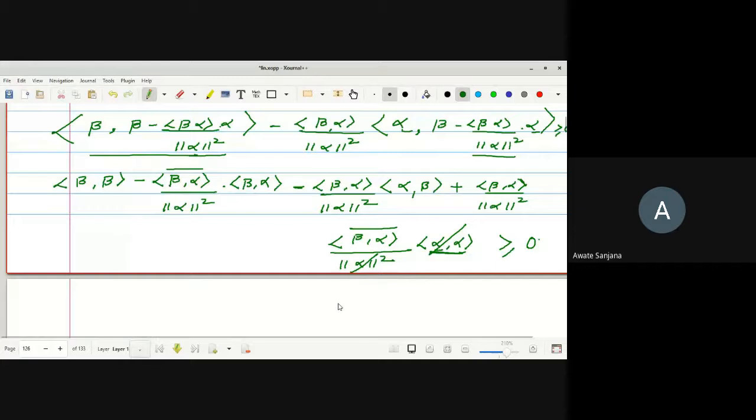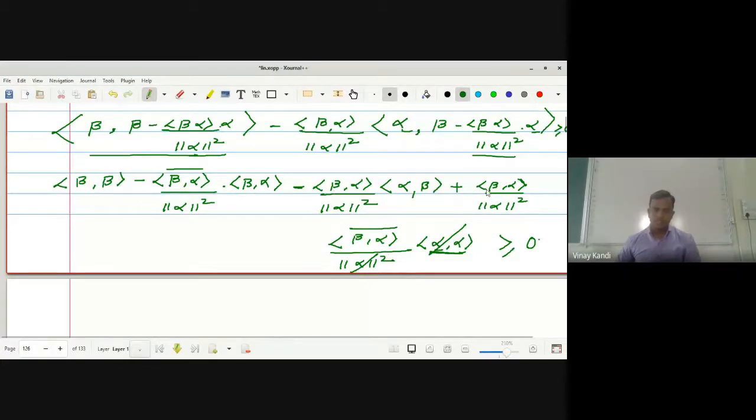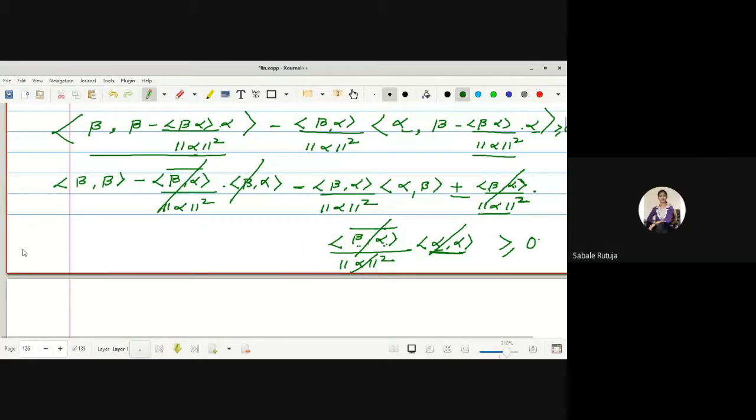Now this is plus beta alpha bar divided by norm square of alpha. Look carefully at what I say: beta alpha bar divided by norm square. Is it correct? So this quantity gets cancelled with this one. Is it correct? Yes, sir.